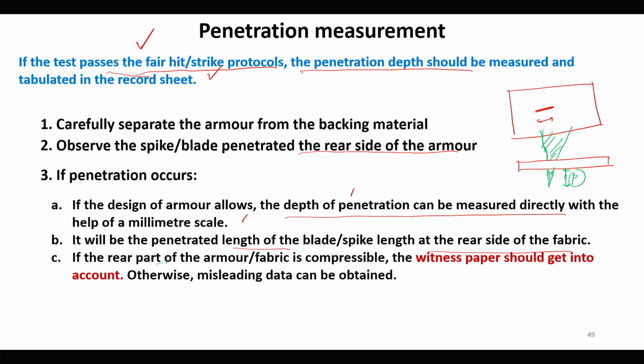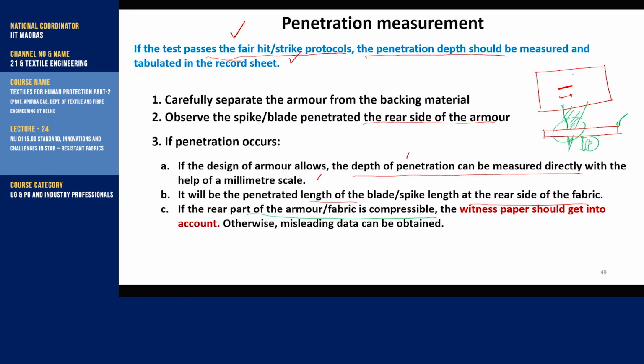If the rear part of the armor fabric is rigid, then it is very simple, we can directly measure with the millimeter scale. But if it is flexible, if it comes back, that is, it is resilient and compressible, then witness paper is used.